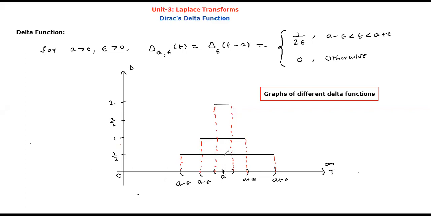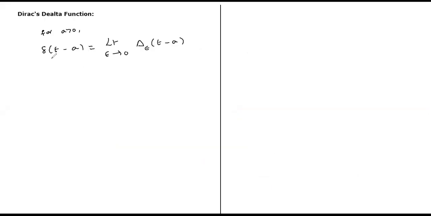What is the height of that line? Infinity. Therefore, you can define the delta function like this also: infinity whenever t equals a, 0 whenever t not equal to a.